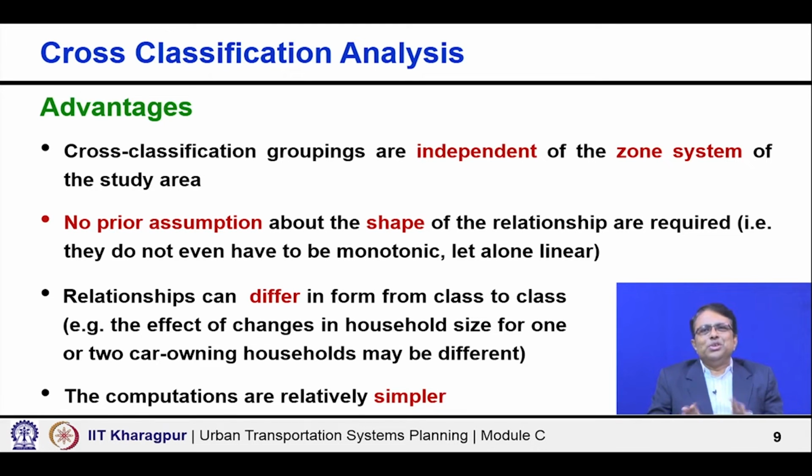We do not bring the zone system into consideration unless we are going to the last stage where we want to apply. There we know how many households zone wise and of what category, or if it is attraction, then what kind of land use and character, and then quantity.